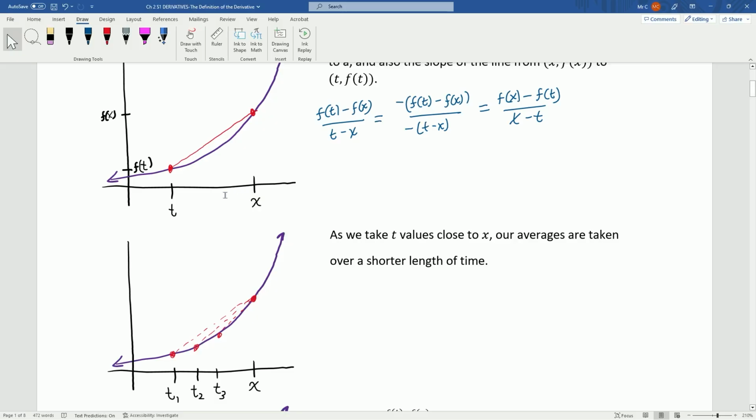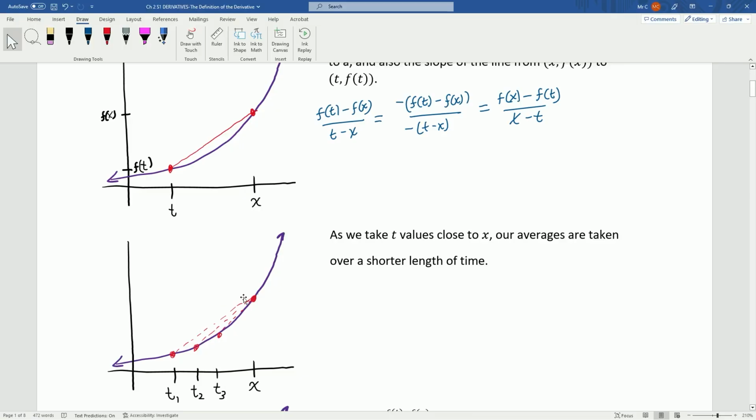We need just one. So the way we do this is we think about what happens when our amount of time shortens. So we get a smaller and smaller interval between t and x. So let's look here. We've got these 3 secant lines drawn between these 3 points t and this point x.